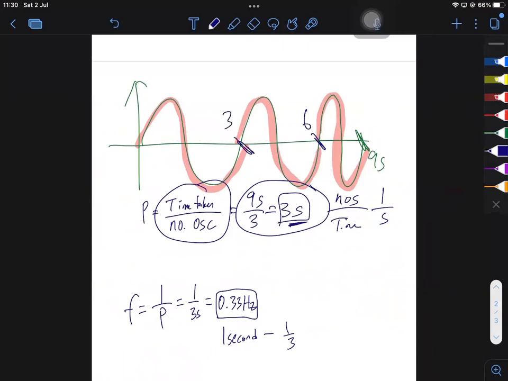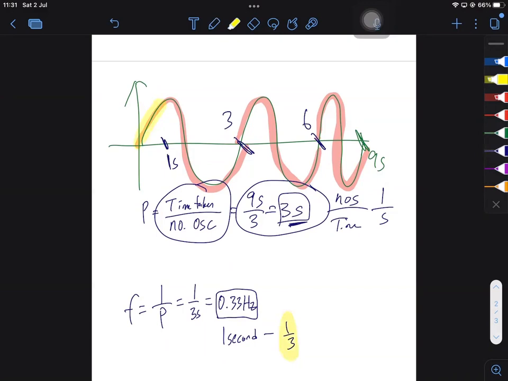If frequency is represented as oscillation per second, it means if I have 0.33, 1 second will be somewhere around here, meaning this wave only completed 1/3 of the oscillation every second only.